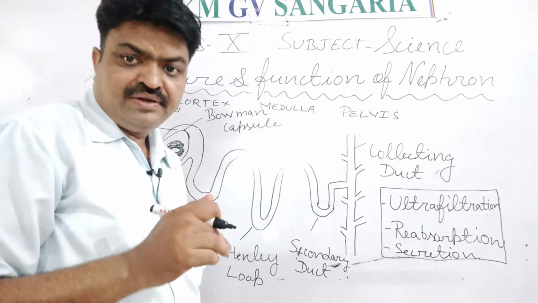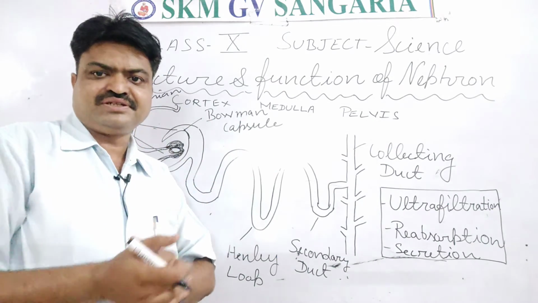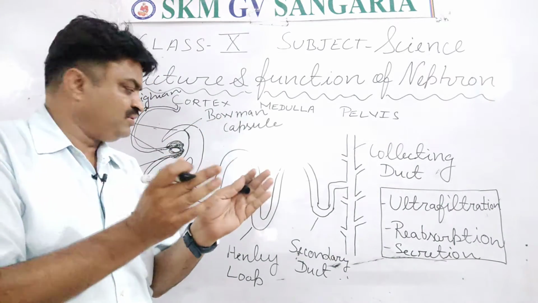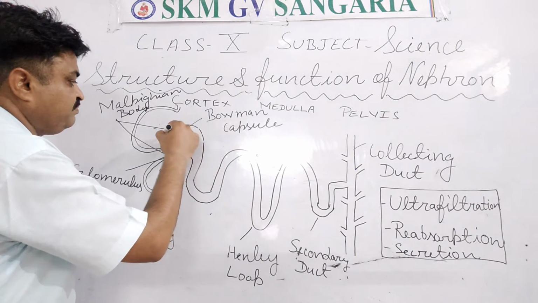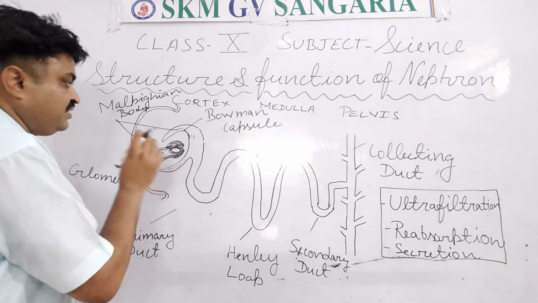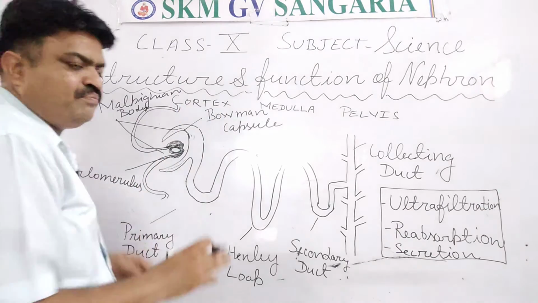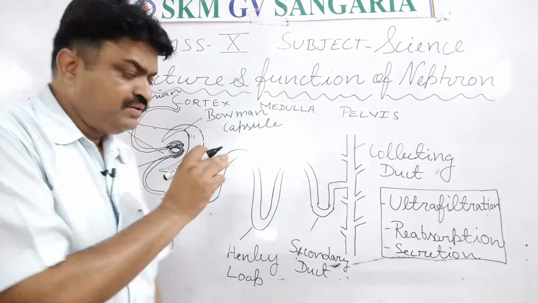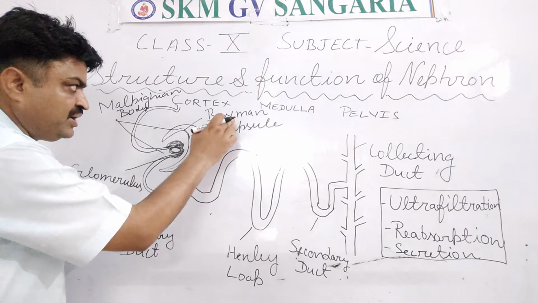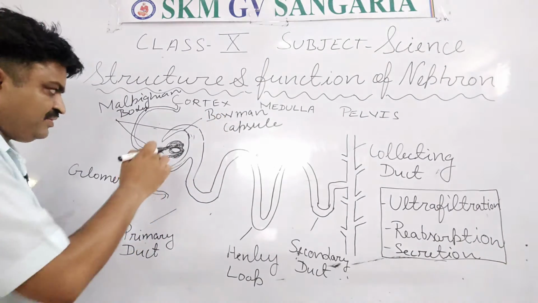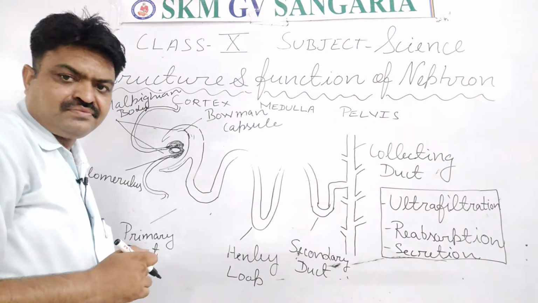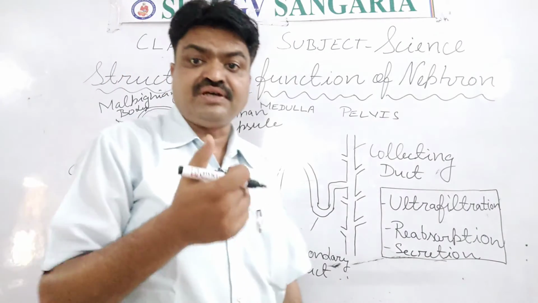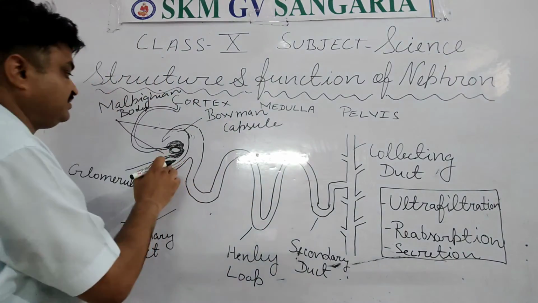The Bowman capsule is an open-mouth-like structure, like a snake, student. This important structure was discovered by William Bowman, that's why it is known as the Bowman capsule, and it also has a shape like a bow. Bow means Dhanush, it has that shape.